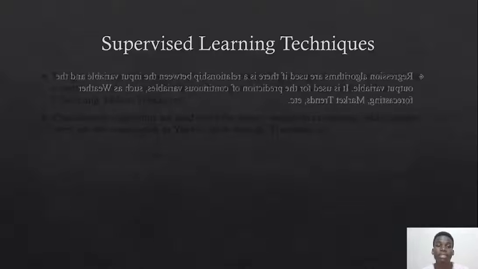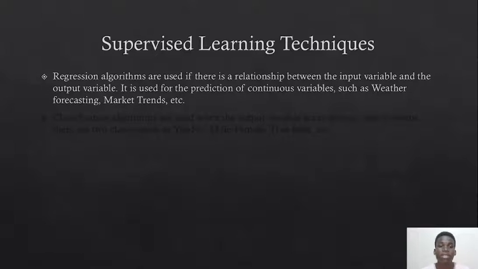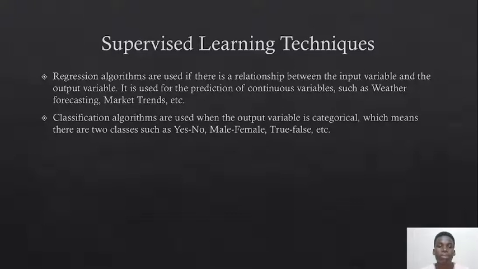Then in my next slides, I'm going to be showing you supervised learning techniques. Under supervised learning techniques, I have two of them. The first one is the regression algorithm. Then the other is the classification algorithm. Regression algorithms are used if there is a relationship between the input variables and the output variables.